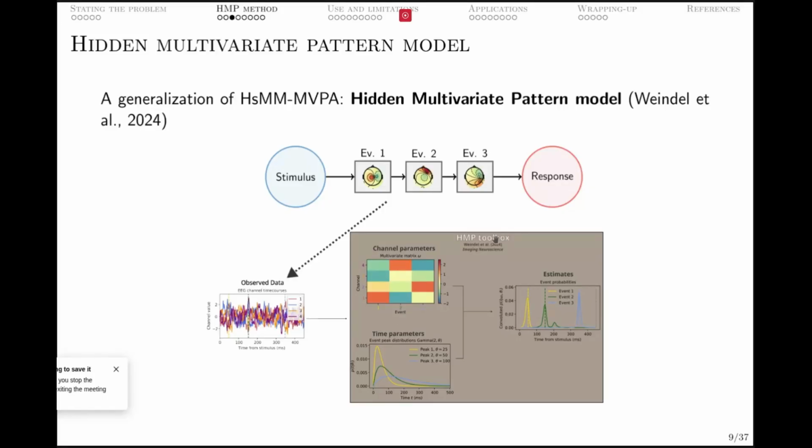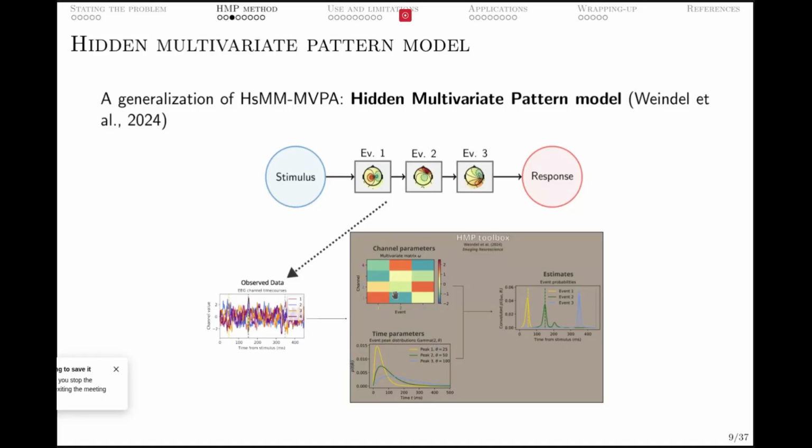So what HMP does is that it tries to resolve and estimate parameters, both regarding the space, meaning the topography of each of those events, and the time. That's why we call them channel parameters and time parameters.